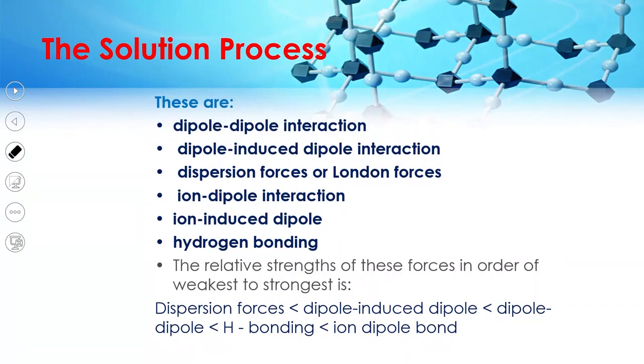Dipole-dipole interaction is weaker than hydrogen bonding. Hydrogen bonding is weaker than ion-dipole interaction.